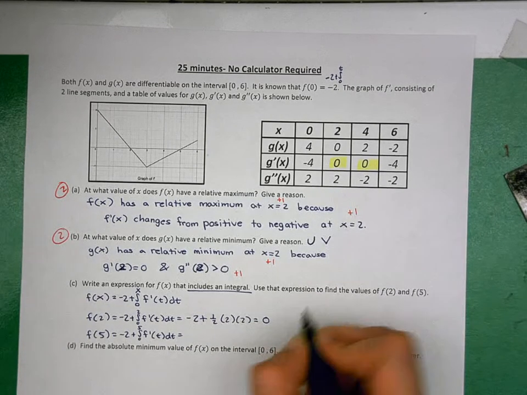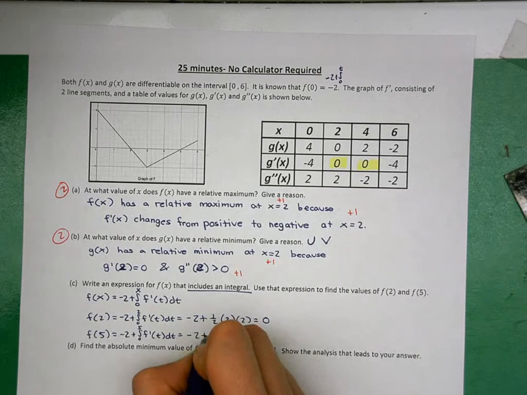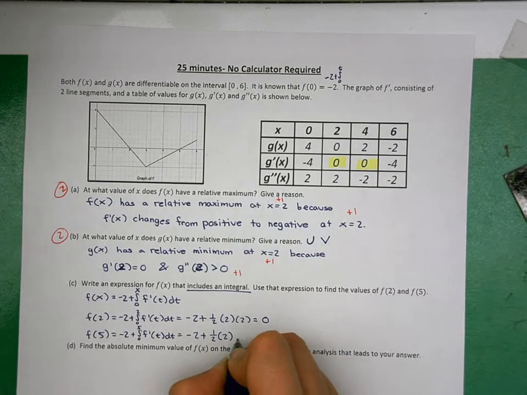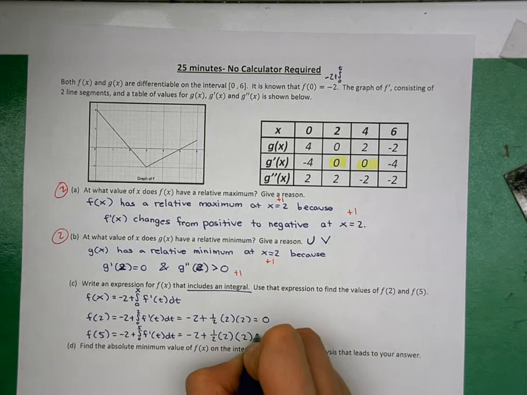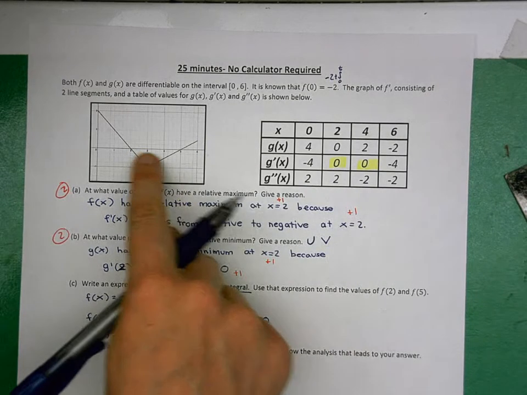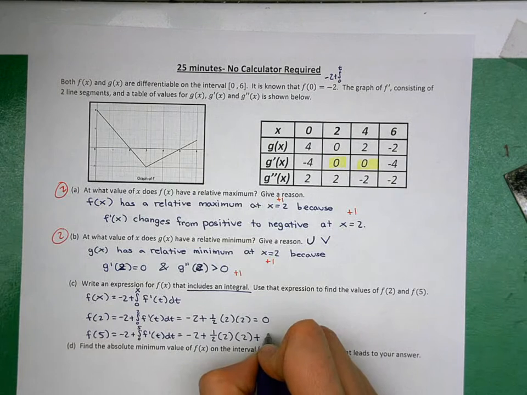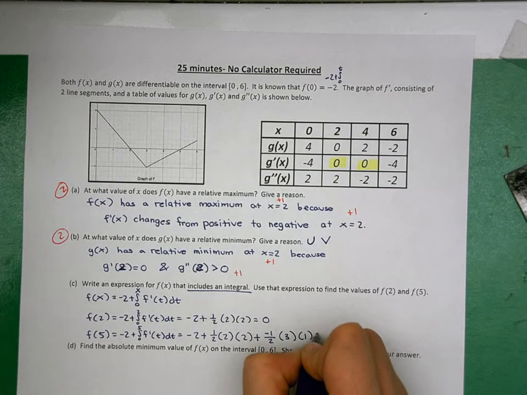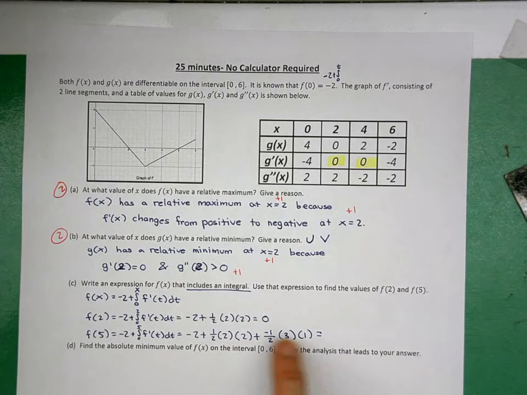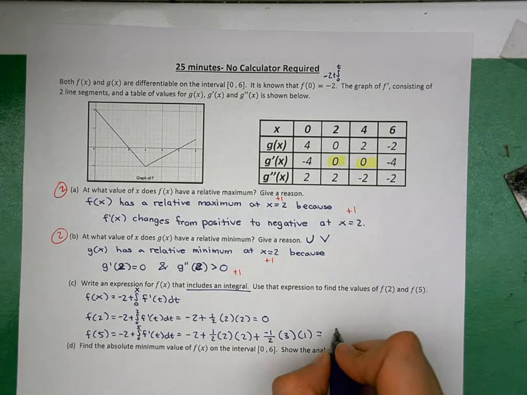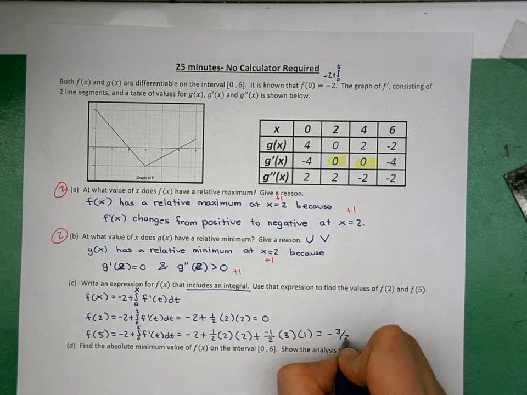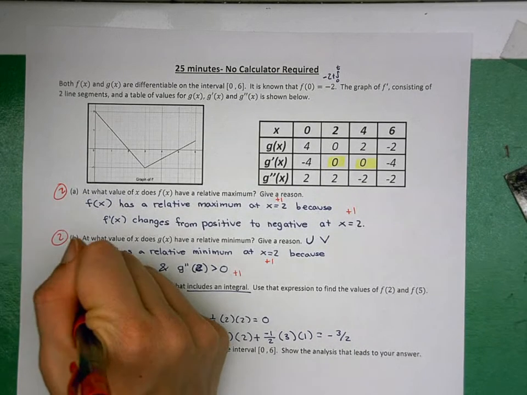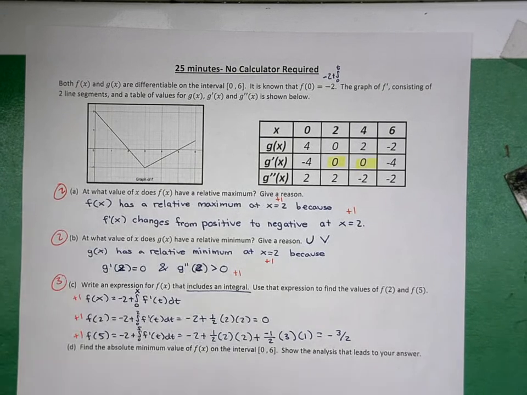And then 0 to 5 is that same triangle plus one more, this triangle down below the x-axis, which is negative because it's below the x-axis, 1/2 base of 3, height of 1, which is 0, minus or plus -3/2, which is -3/2. Okay, this one was worth 3 points, 1 for each thing we had to find: f of x, f of 2, and f of 5.